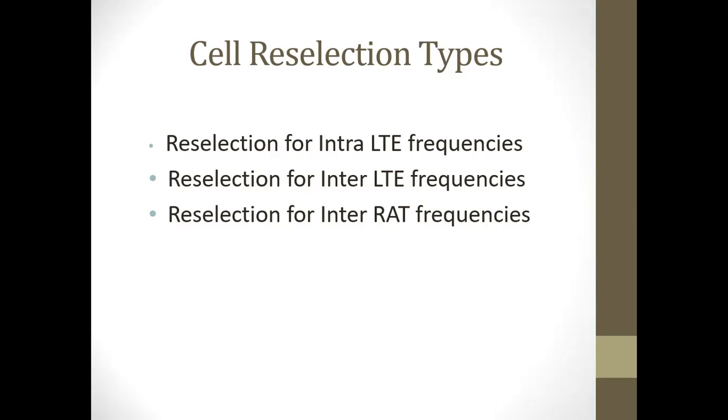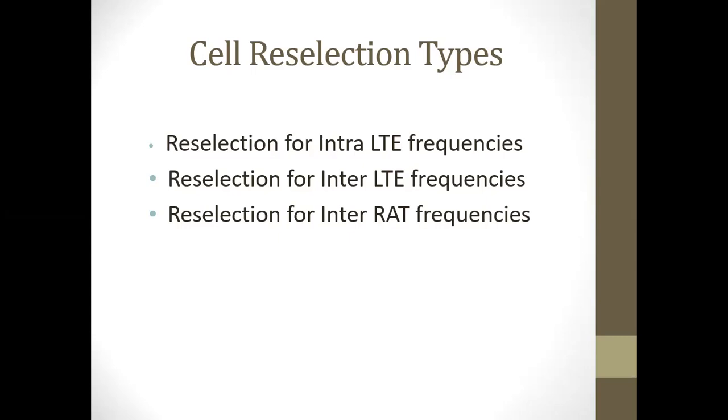The third type is inter-RAT, which I used to work on. My key focus in Qualcomm was inter-RAT cell reselection and inter-RAT handover. Inter-RAT means you change the generation, from 2G to 3G, or 3G to 2G, or 2G to 4G, 3G to 4G, or 4G to 3G, whatever you do.